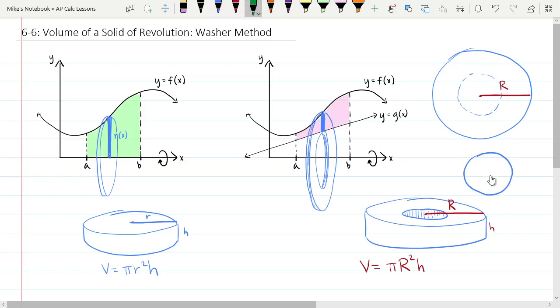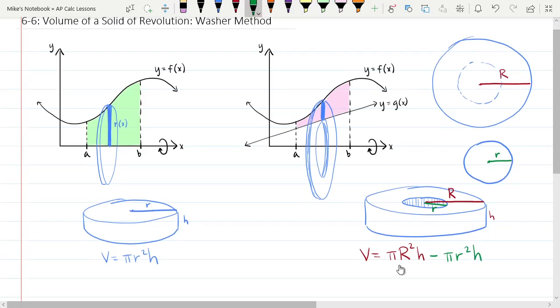And that cylinder, I'm going to say that its radius is little r. So in the picture, this right here would be little r. And so now we have to subtract the volume of that smaller cylinder that we're cutting out of the middle. Well, that's going to be pi times little r squared times the same height.